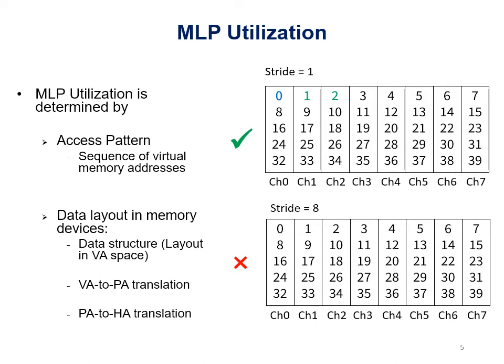We can see all the accesses go to different channels, which means it can fully utilize the memory-level parallelism. In contrast, for the stride of 8 case, there is severe channel conflict, as all the memory accesses are consolidated into one channel.